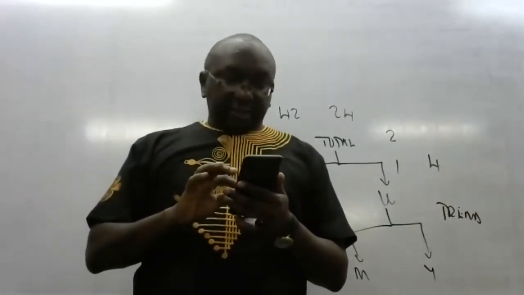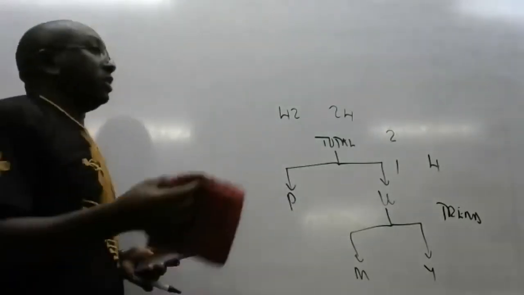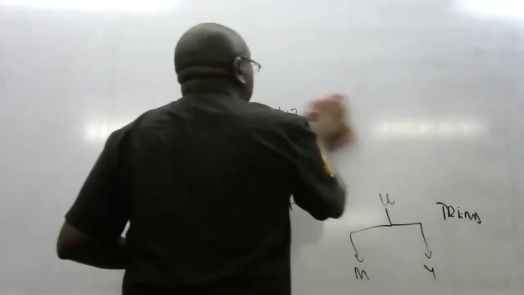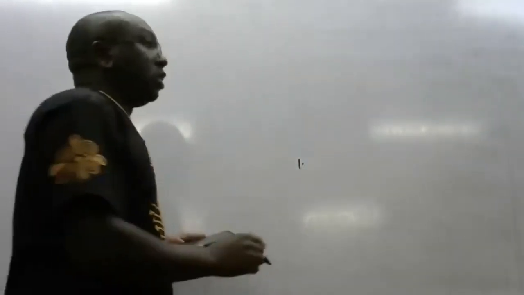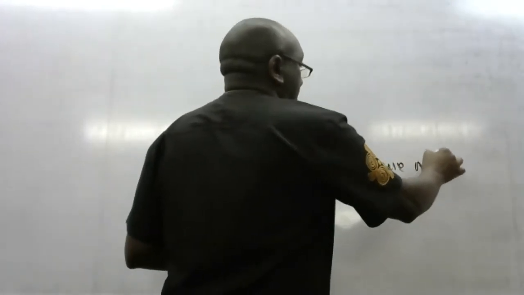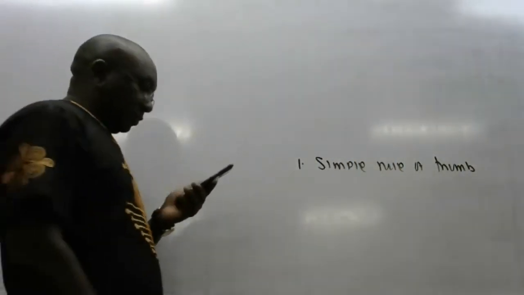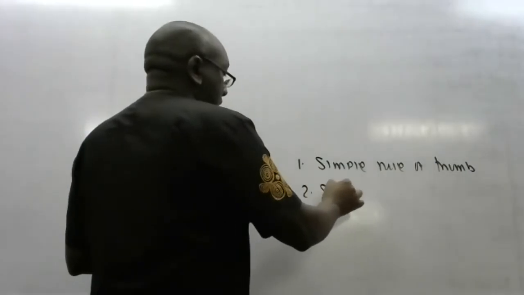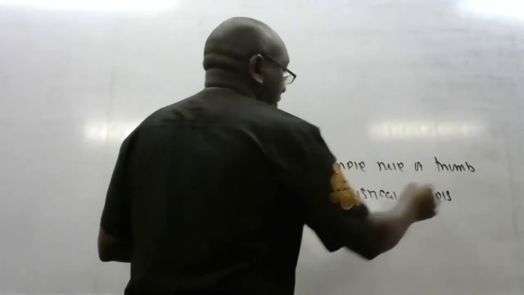Then down there we write that variance investigation is done using three methods. Number one is called simple rule of thumb. Number two is called statistical models.